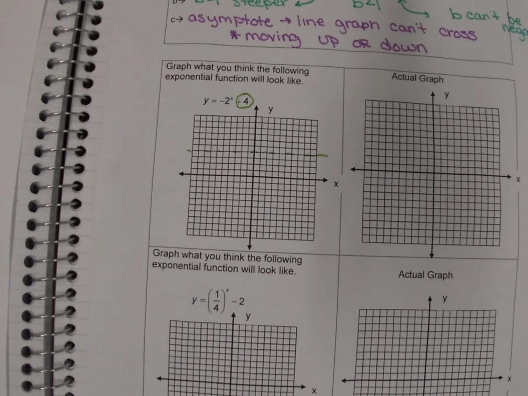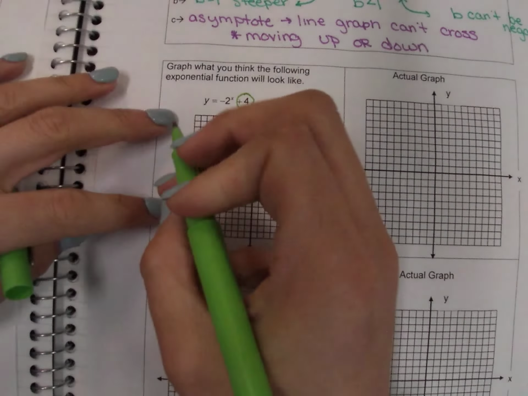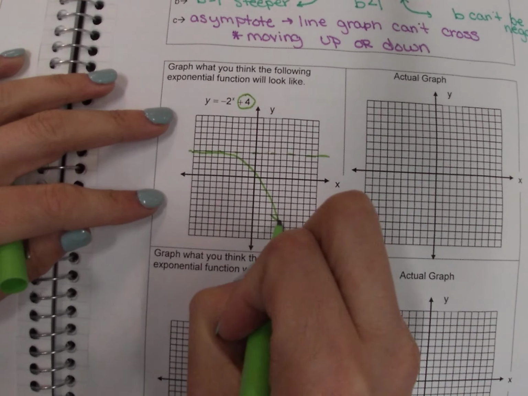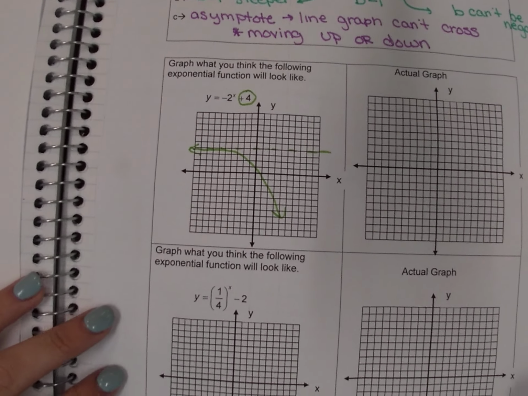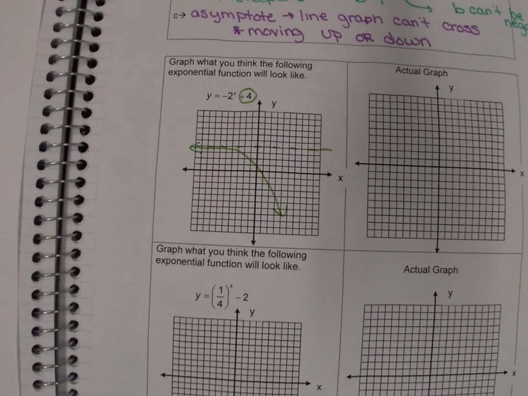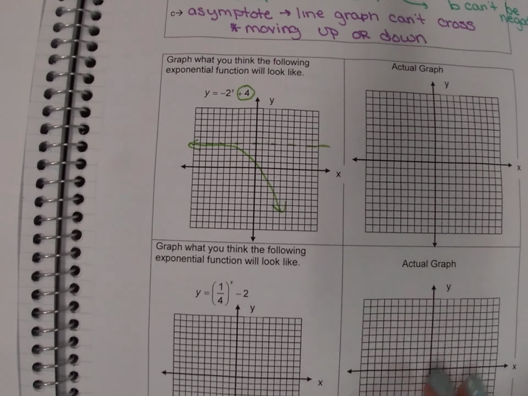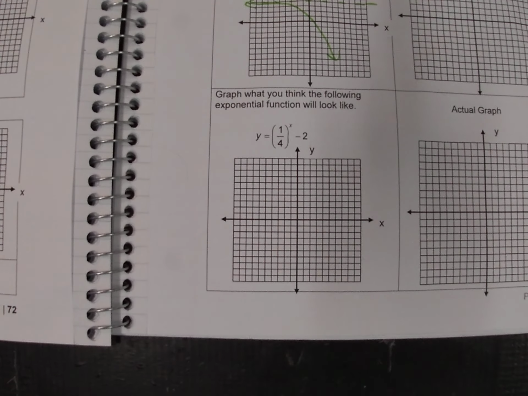So we have to flip that around the axis, and our graph is really going to be somewhere like this. We can tell all of that general info just from identifying our A, B, and C. So your job is to finish the rest of the graphs in here, get the actual graphs, and make predictions on this last one.